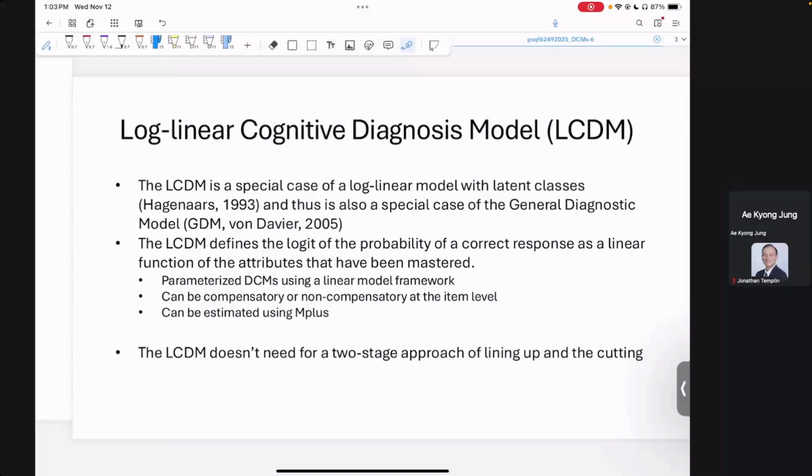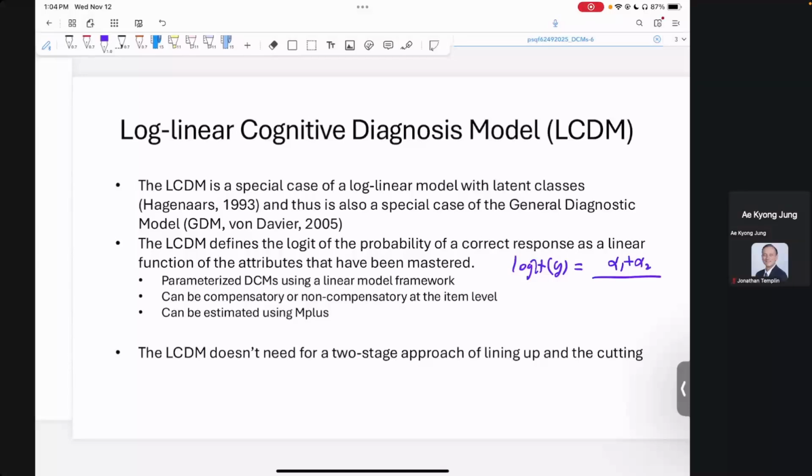That is the log linear cognitive diagnostic model, LCDM. So we define binary data with the logit of the probability of a correct response as a linear function of the attributes. So on the left-hand side, which is the observed data part, we use the logit of Y, and the right-hand side will be the attributes, connected to each other.